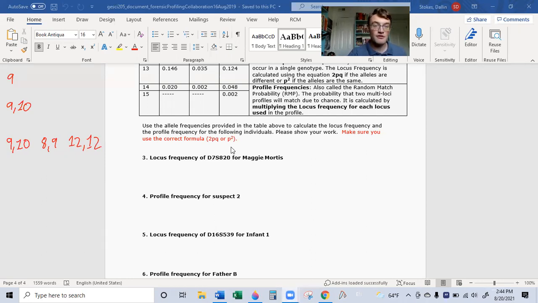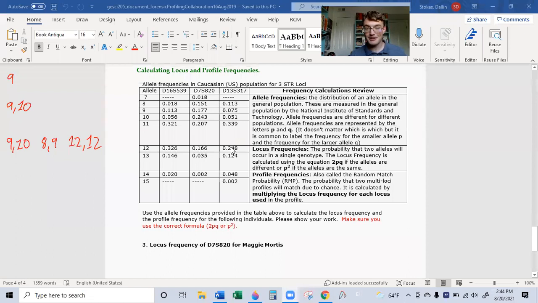So notice, for the profile frequency to work, they have to have this combo at that location, this combo at that location, and this combo at that location. They have to match all 3 combos in order to work. That means our odds are going to be way, way lower.